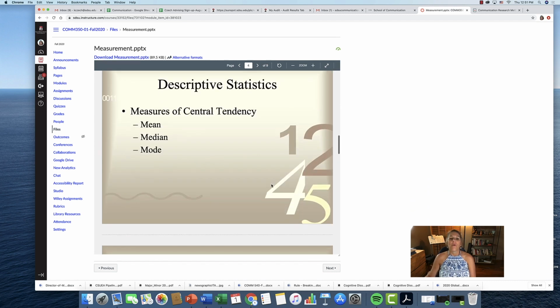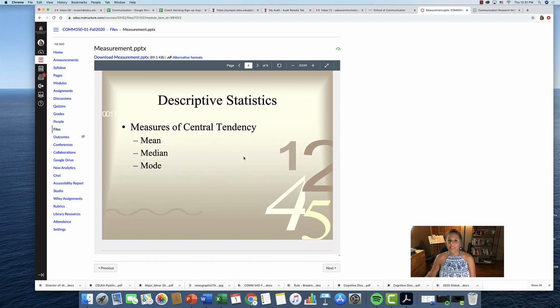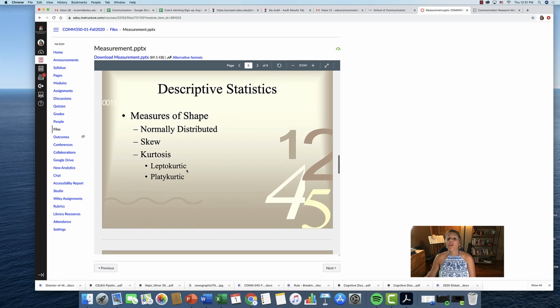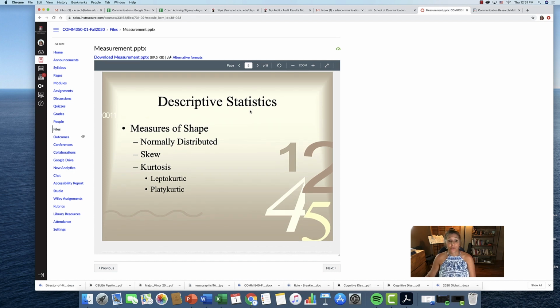Then we develop statistics based off how we measure the variables. The first set of statistics is descriptive. They are the measures of central tendency. We're looking at a normally distributed curve or population. The mean is the average, the median is the true halfway or middle point, and the mode is the most frequently occurring score. We also look at measures of shape.